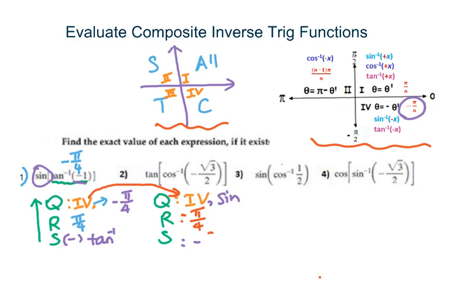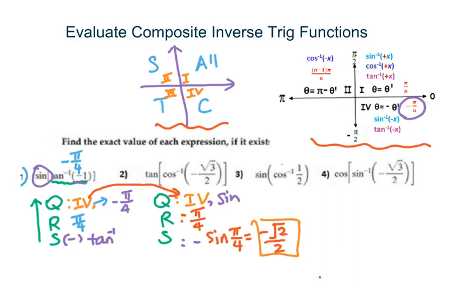Therefore, answer will be negative sine pi over 4. Sine 45, that is square root of 2 over 2. So we got the answer negative square root of 2 over 2. This is the final answer for number 1.